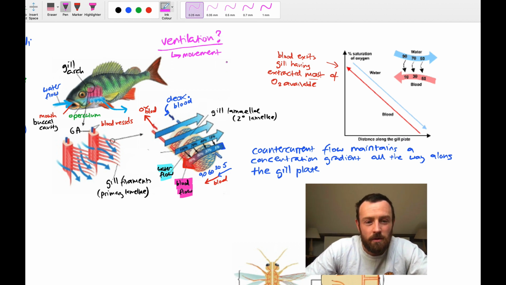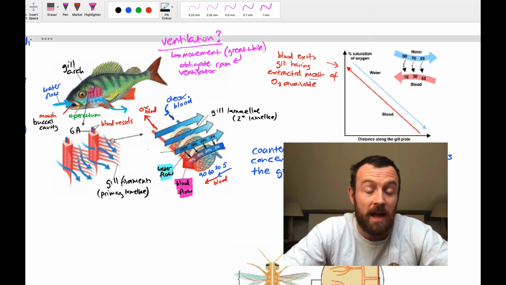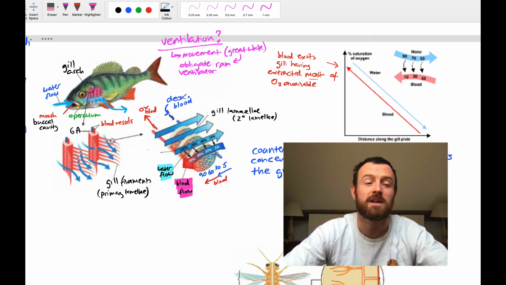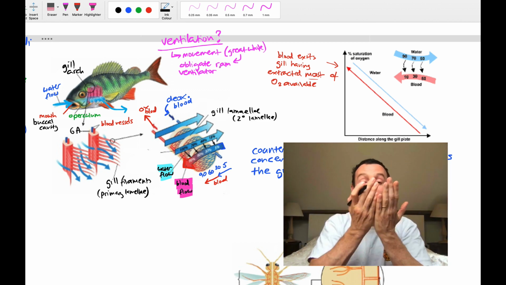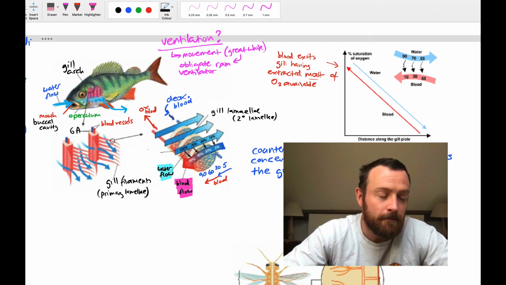So, for example, great white shark, they are what's called an obligate, this is not on the syllabus, but let's just say it anyway because it's cool, obligate ram ventilator. So that means that they have to keep swimming, otherwise they can't get any water across their gills. They have to keep swimming, and the water is rammed through their open mouth and past their gills. They're an obligate ram ventilator.